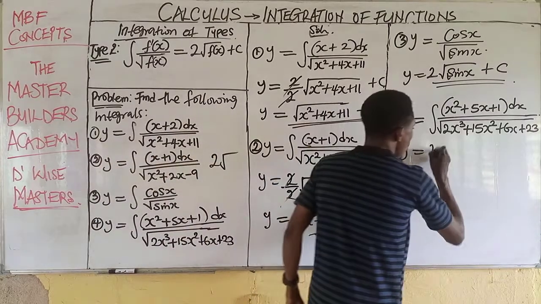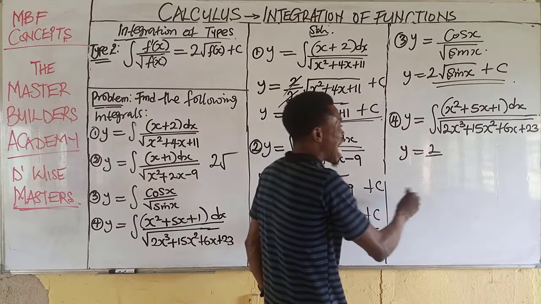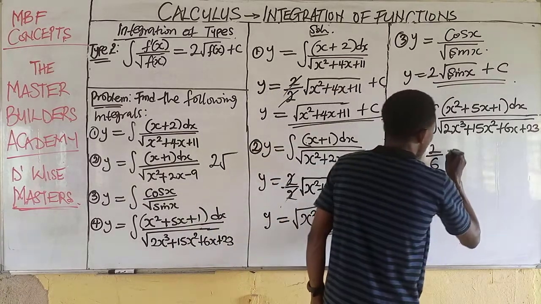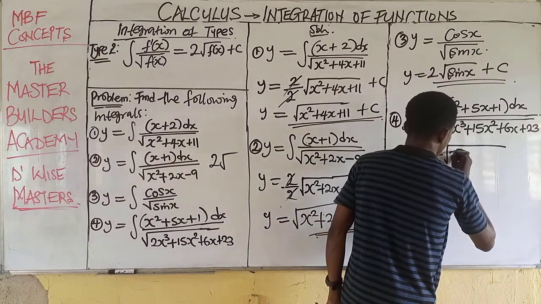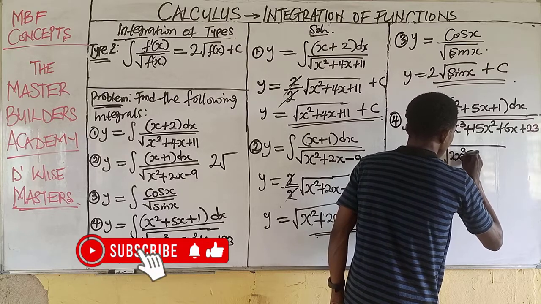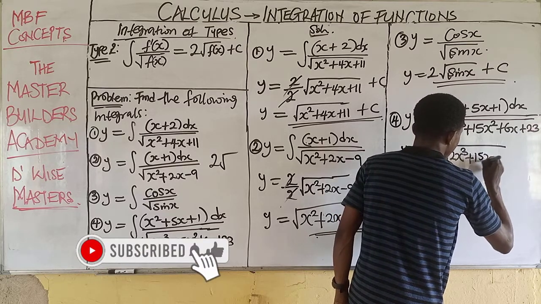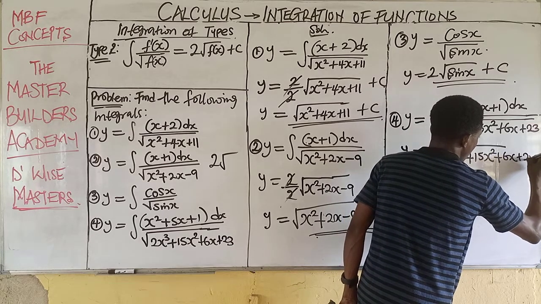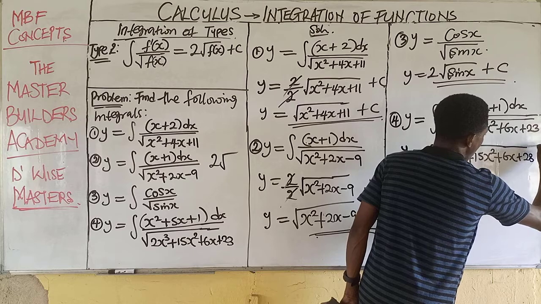Then put down 2. For the denominator, the coefficient that we have is 6. That's what we have. Then the square root of the denominator, 2x cubed plus 15x squared plus 6x plus 23, then plus c.